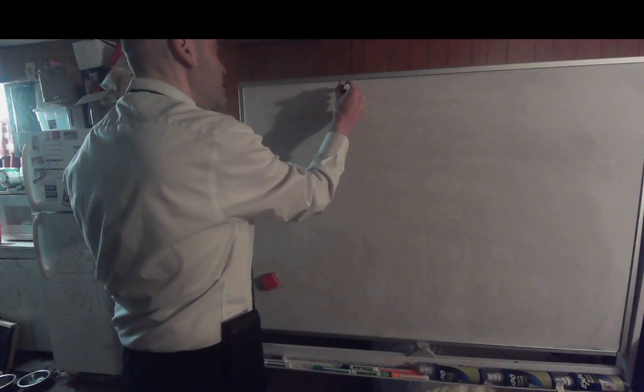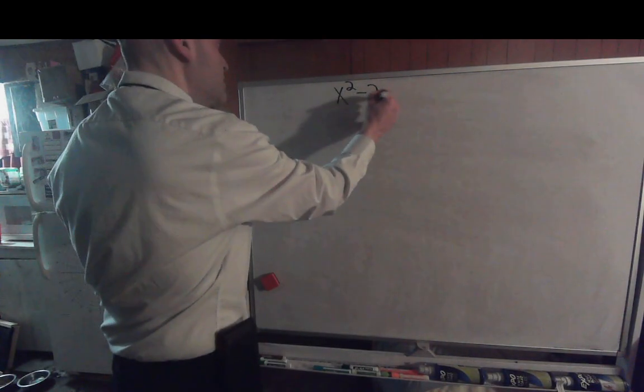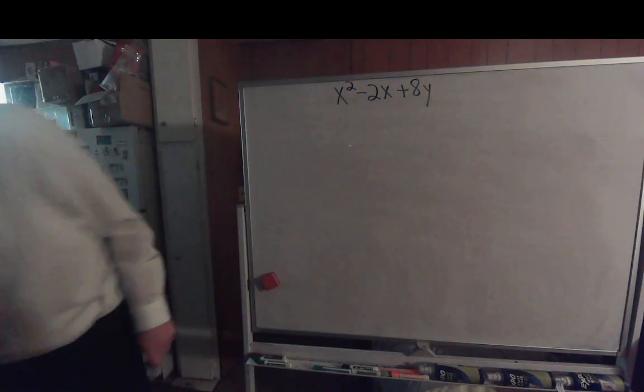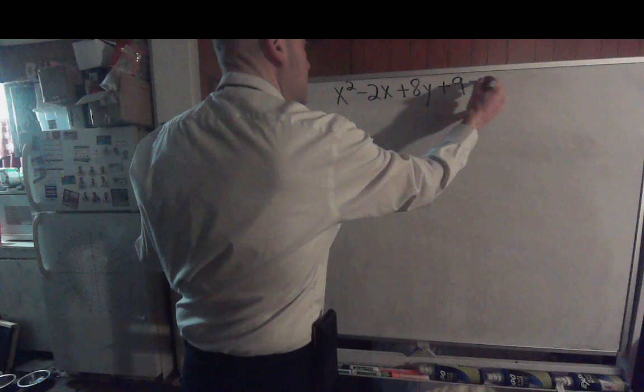All right. How about this one? X squared minus 2x plus 8y plus 9 equals 0.